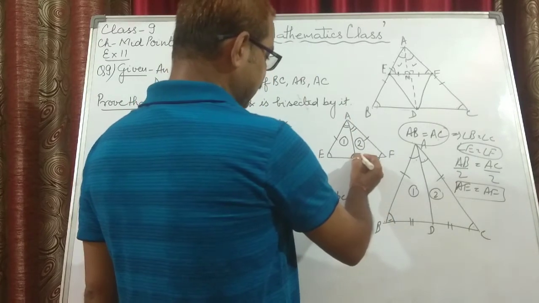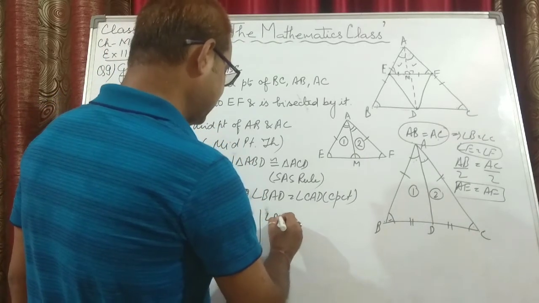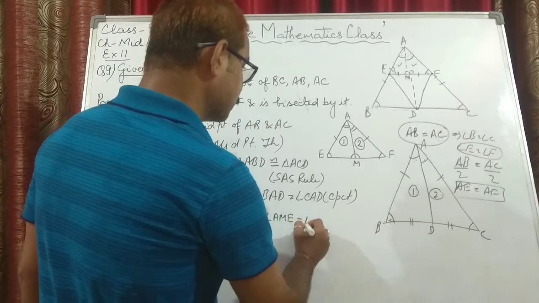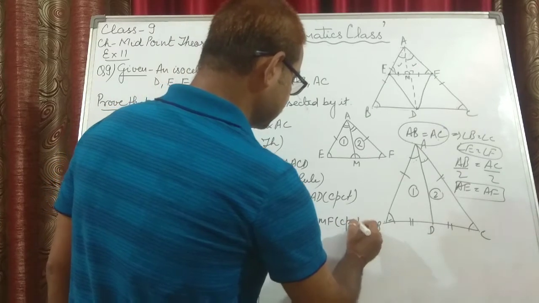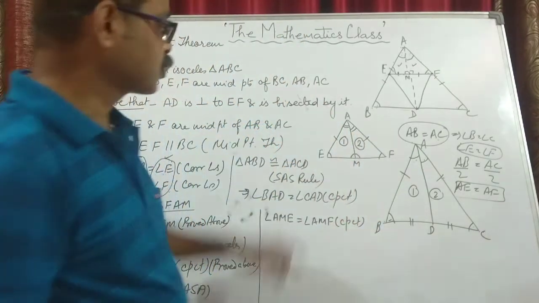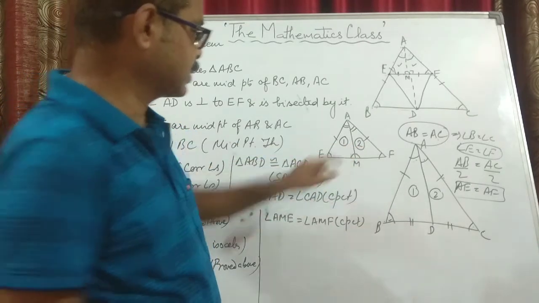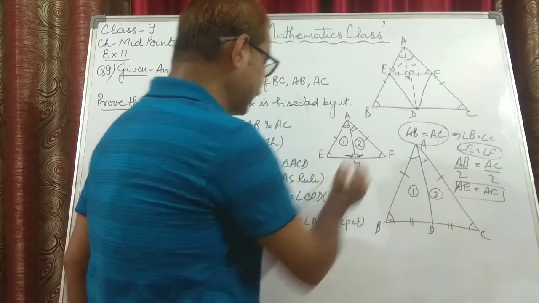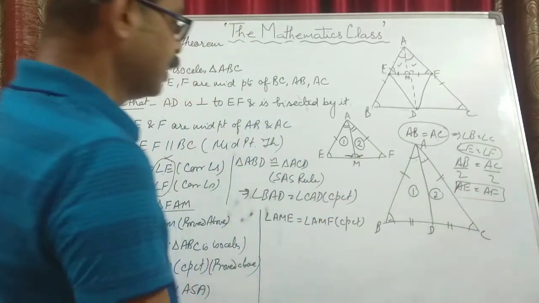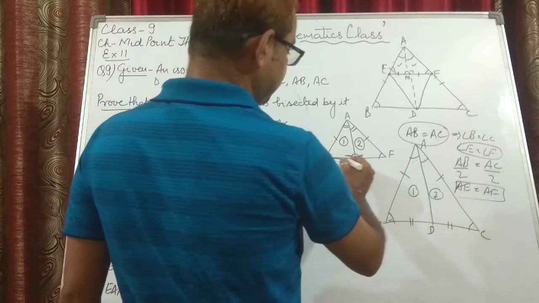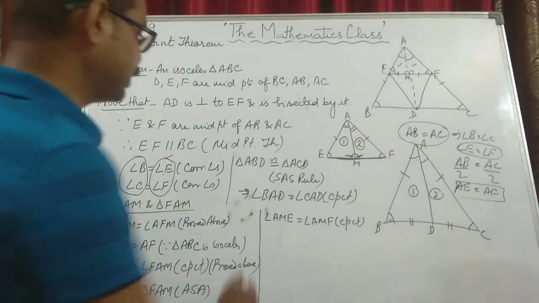So we can say that angle AME is equal to angle AMF by CPCT. So that is what we have written, AME and AMF equal. But we know that EMF is a straight line or a straight angle, and we know that this makes 180 degree.